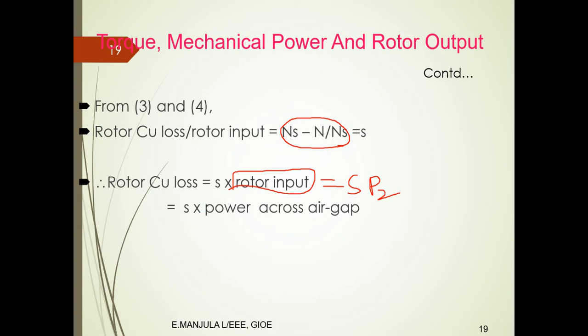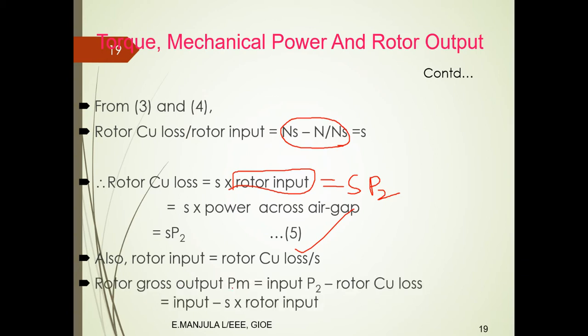Which is also called power across the air gap. So this is denoted as the fifth equation. Also, rotor input is equal to copper losses by S. So from this equation, we can say that P2 is equal to rotor copper losses divided by S, from this fifth equation.